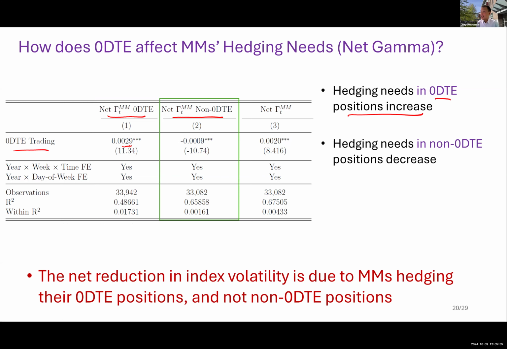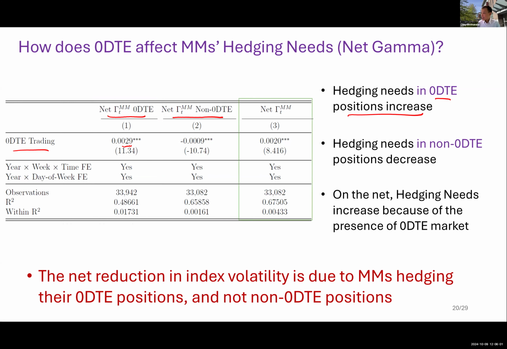On the other hand, the net gamma from non-zero DTE went down. It went negative. And in the net, the hedging need due to the net gamma position increases, but this is coming directly from the zero DTE position, not the non-zero DTE position. So our conclusion here is that the net reduction is still market makers' hedging need in their zero DTE position, not non-zero DTE.